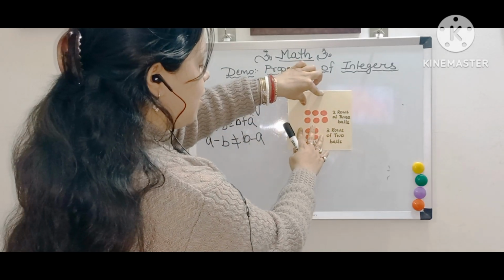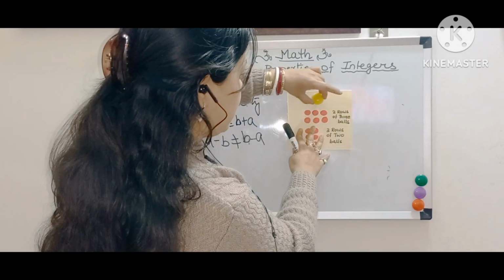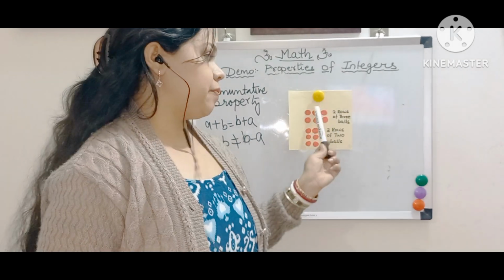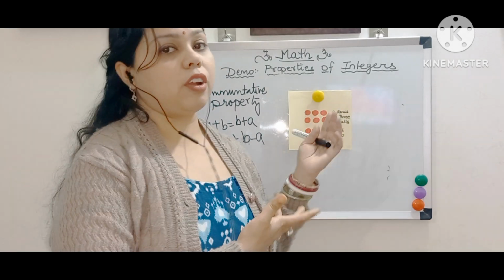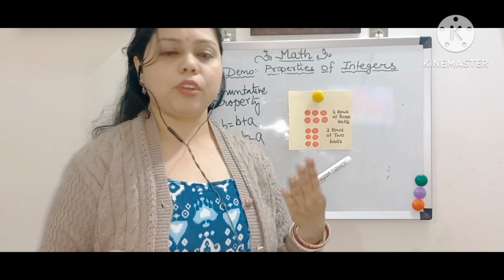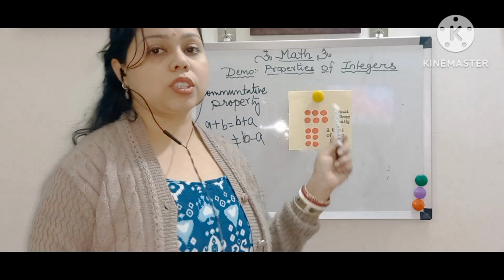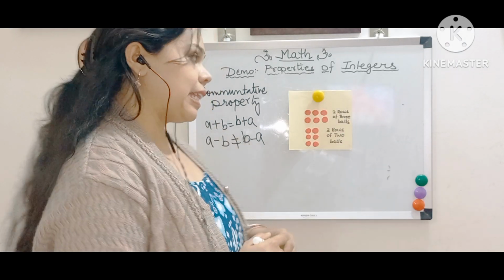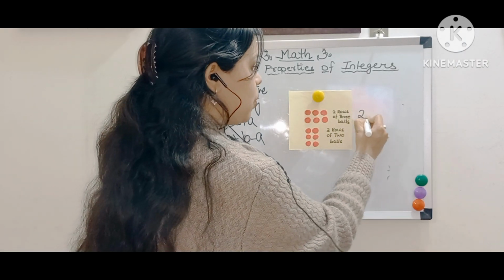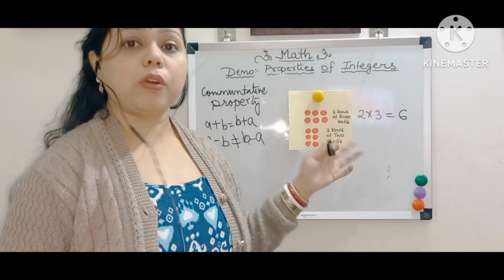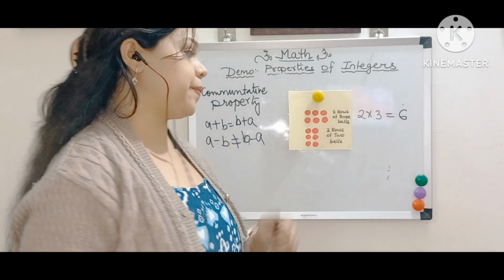You can see there are a number of oranges, 2 rows of 3 balls. You can take the example of oranges as well as balls. So there are 2 rows, and in each row there are 3 balls. That means 2 into 3 is 6. The total number of balls is 6. You can count from here.